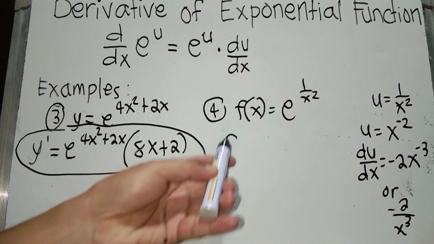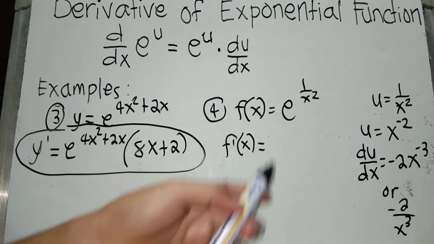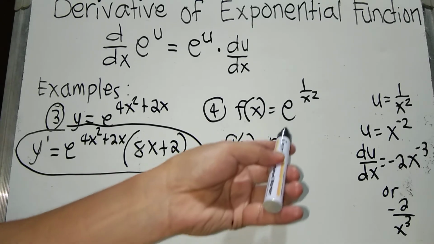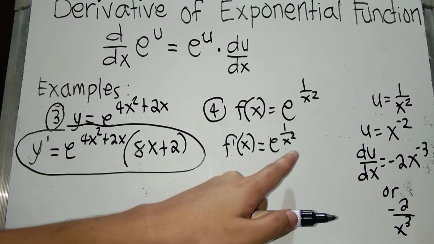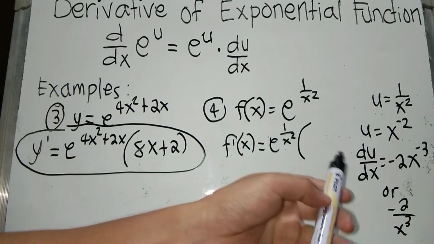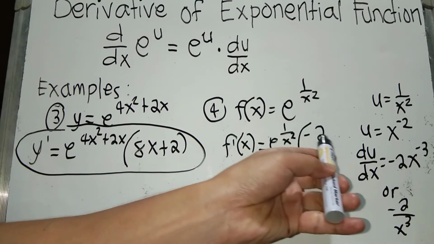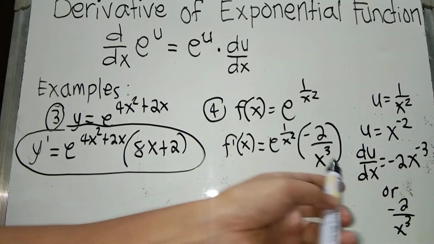So in finding the derivative of our f of x, this is now equal to copy e raised to the power of 1 over x squared, multiply that with your derivative of the u, which is now negative 2 over x cubed.